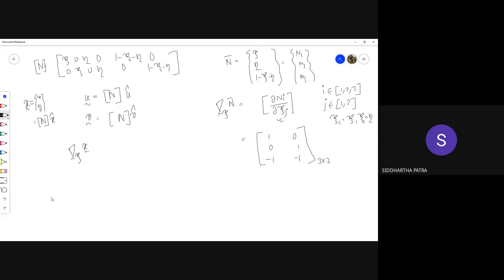So you have seen that this is going to be a 2 cross 2 matrix. Okay, so it is del x_i, del xi_j, the expression. Okay, it's a 2 cross 2 matrix.